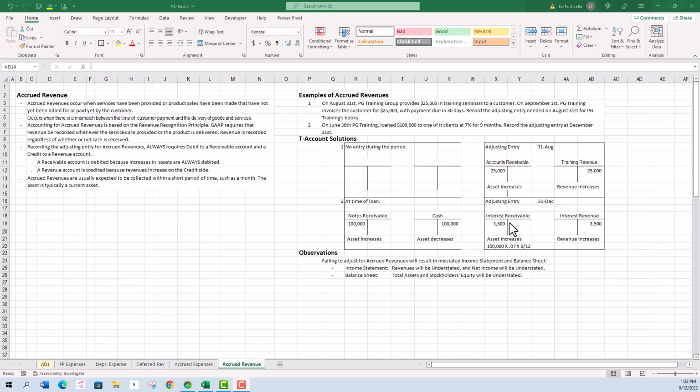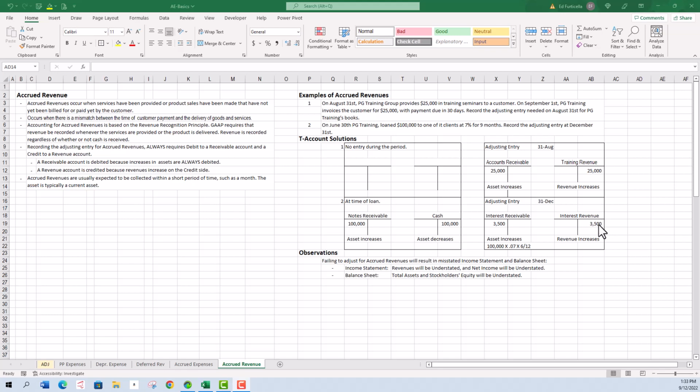We debit interest receivable because our client owes us interest in the amount of $3,500. Receivables are assets. Assets increase on the debit side. We credit interest revenue because we've earned revenue totaling $3,500 during this period. Revenues increase on the credit side.